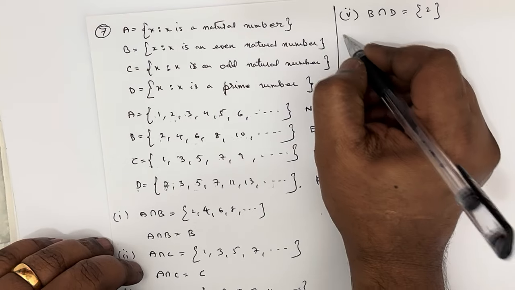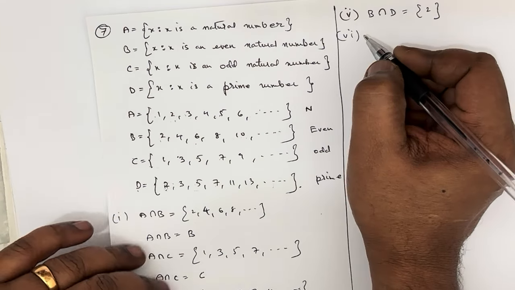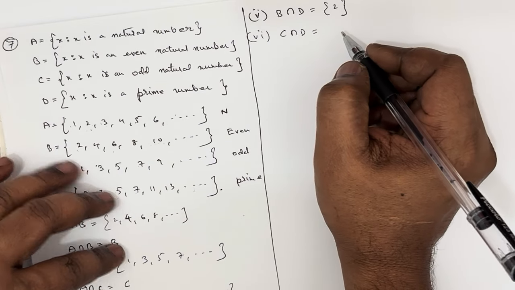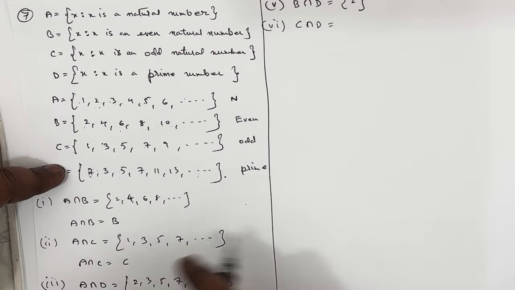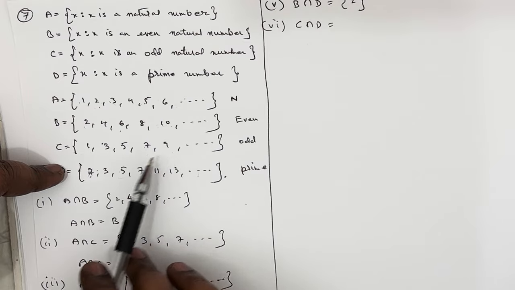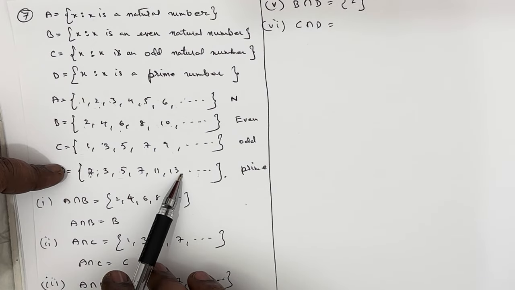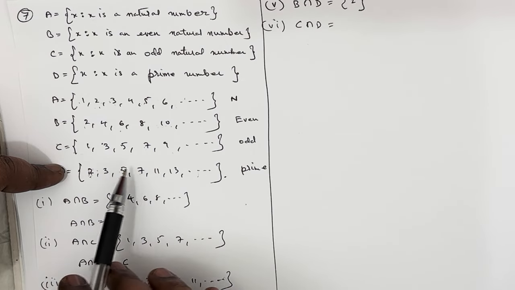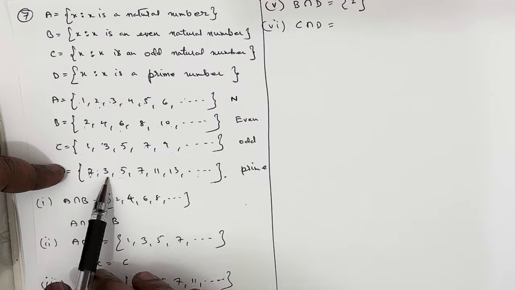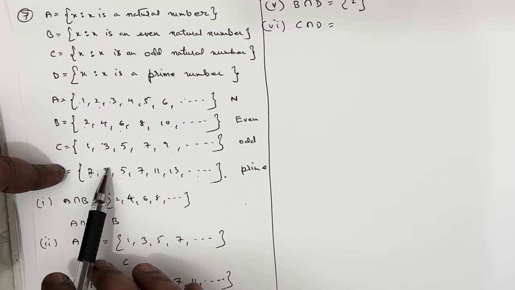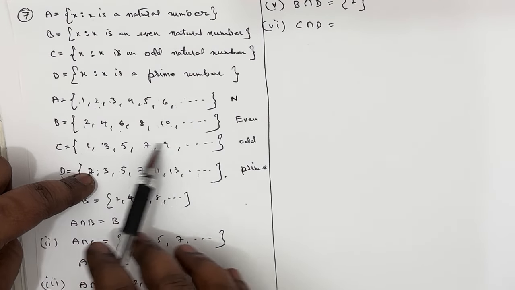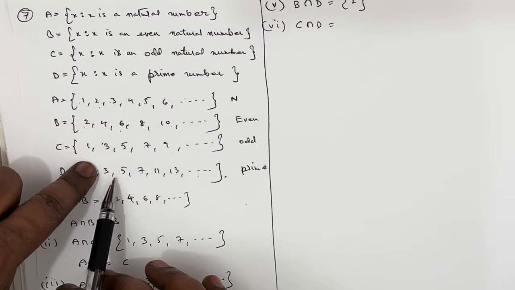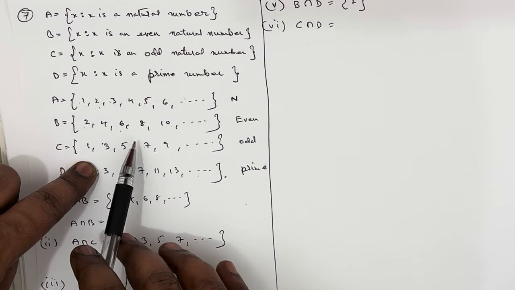Now we'll write the sixth one. C intersection D. These are odd numbers and these are prime numbers. Odd numbers 1, 3, 5, 7, prime numbers 2, 3, 5, 7, 11. All the prime numbers except 2 are common to these odd numbers. 2 is even, so only the odd prime numbers are common.